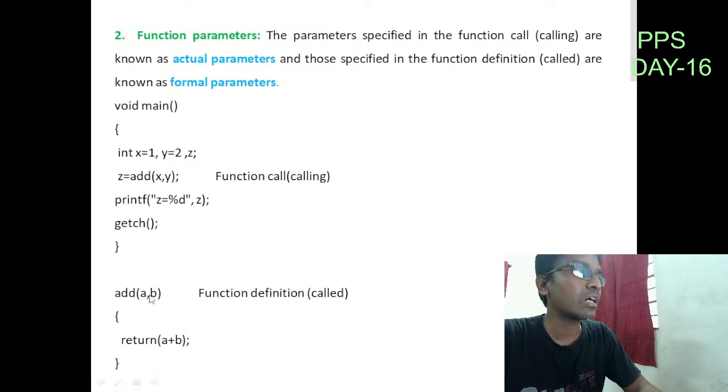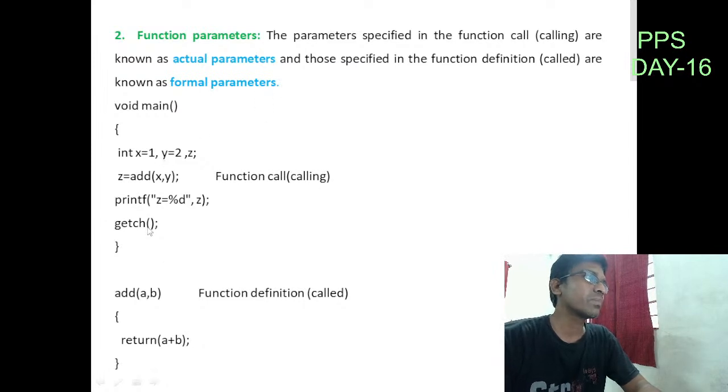And the arguments you pass inside the function definition are called formal parameters. I hope you understand what I am saying. So in function calling, the parameters are called actual parameters or actual arguments, and in the function definition or called function, the arguments are called formal parameters.